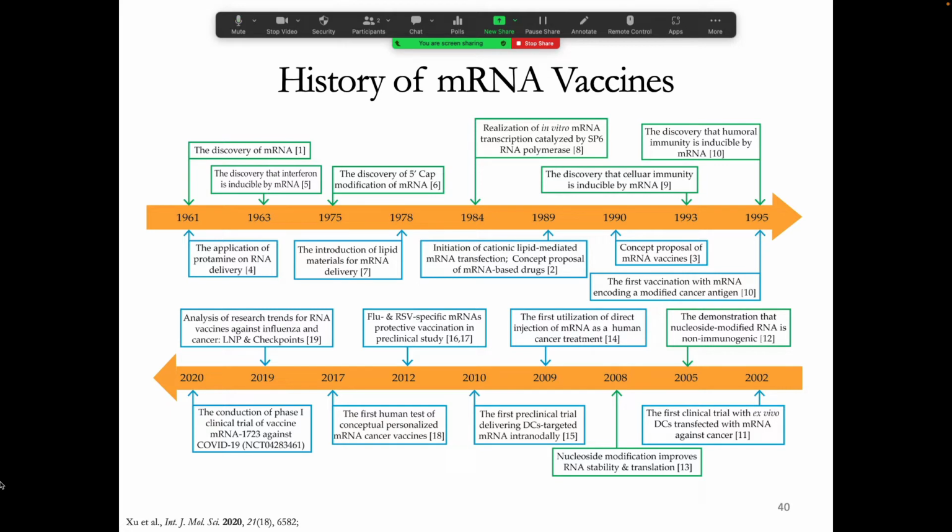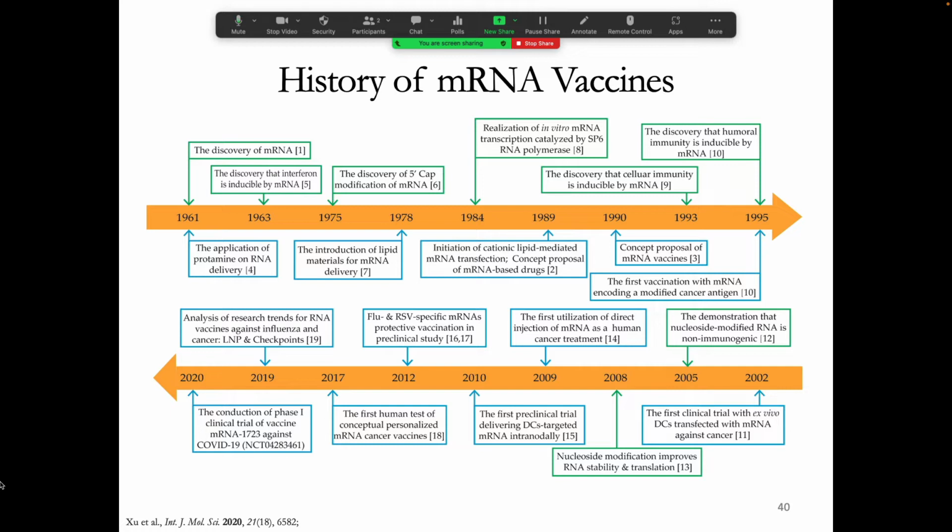Big deal. And there were lots of discoveries about mRNA biology. The idea that you could put mRNA into a cell and get an immune response was actually made in 1993. So you guys still aren't even born yet. And people started talking about doing mRNA vaccines in the 90s.